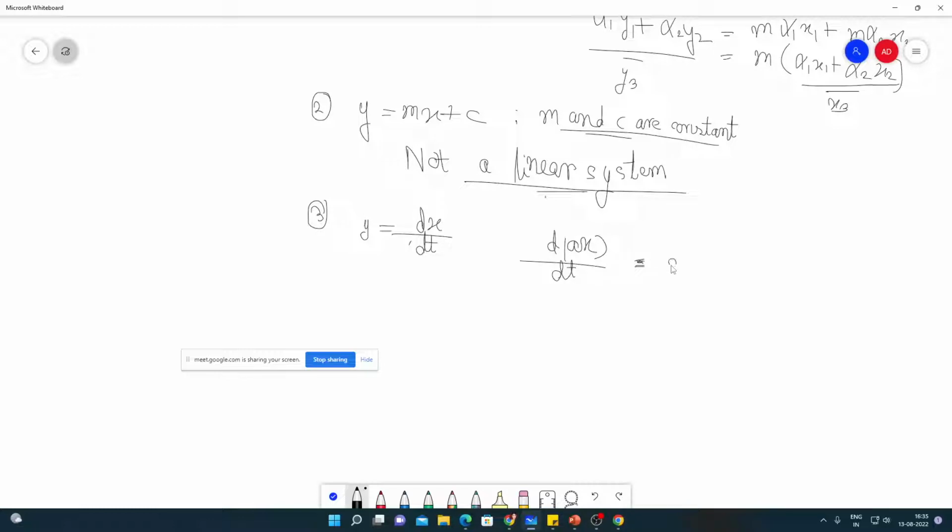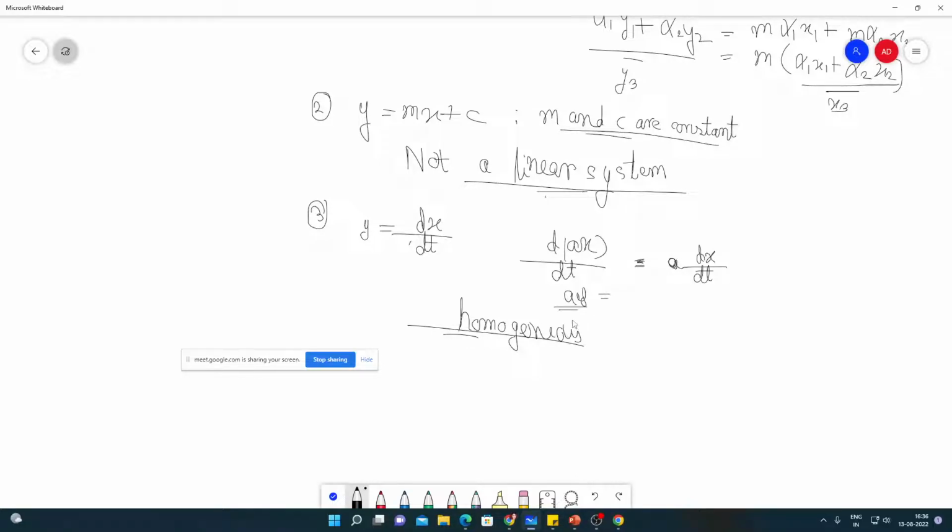The A comes out directly, it's a constant, right? So it's dx by dt. And if you multiply the output y, it's with A only, A dx by dt. Exactly. So it is a homogeneous system.